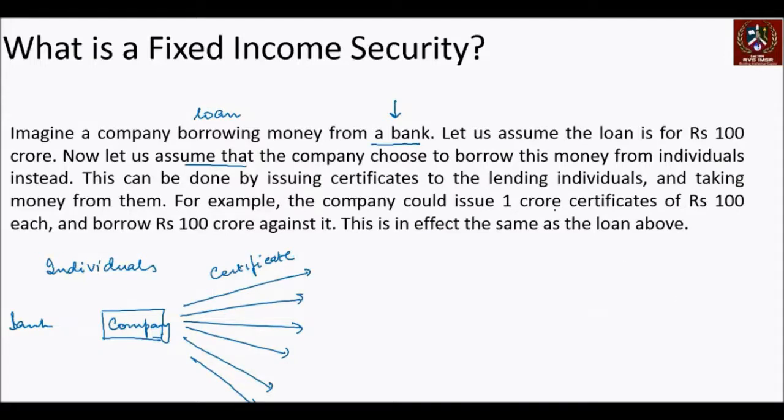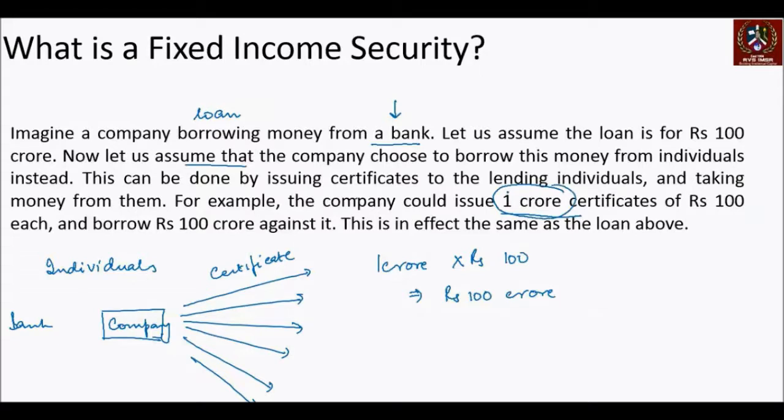Now, the company could, for example, issue 1 crore certificates of rupees 100 each. So 1 crore certificates into rupees 100 each would mean a total loan of rupees 100 crore, same as the earlier case, just that in this case, rather than taking the loan from one entity like a bank, the company has raised the money from 1 crore different individuals.